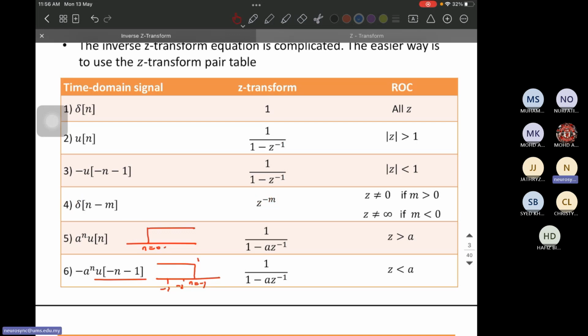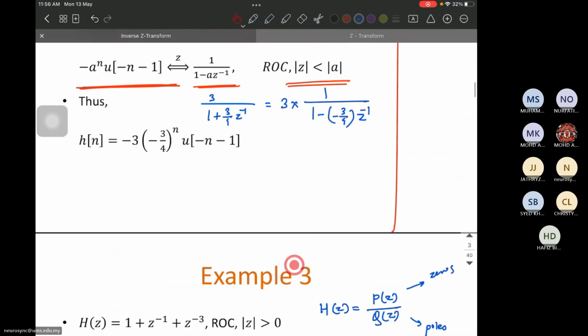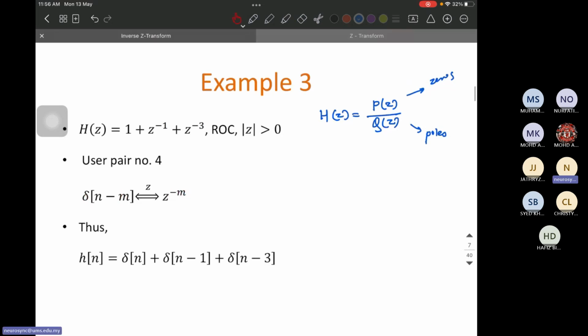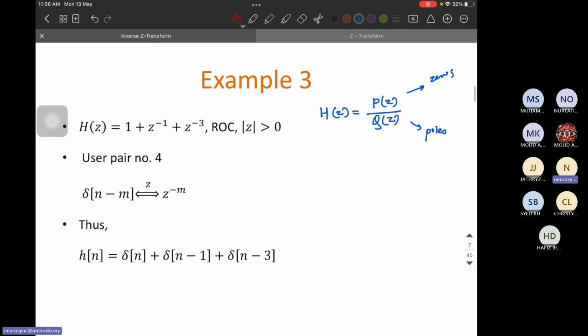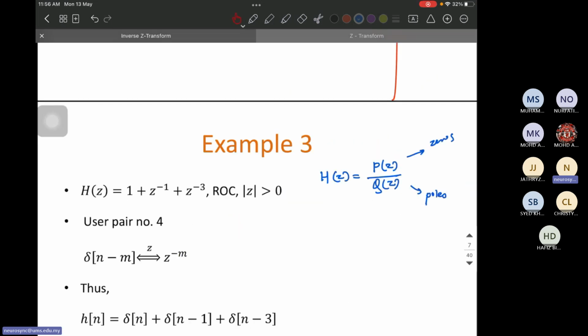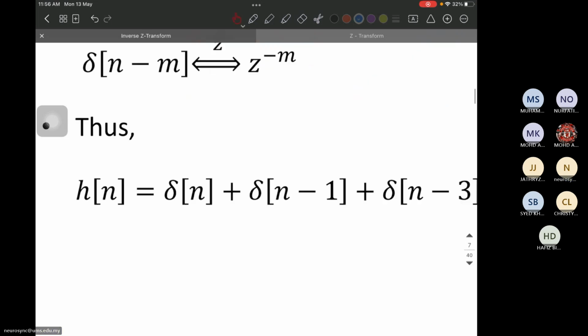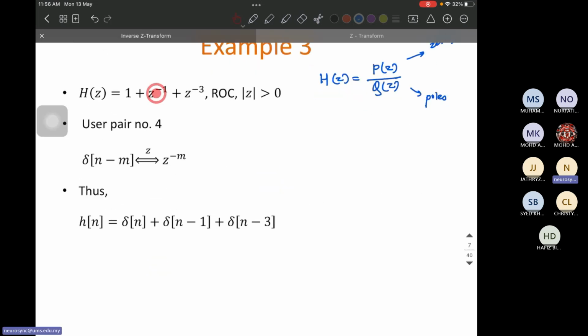So we will use this, and we can say that for z to the power minus 1, here m is equal to 1. Therefore, the inverse Z transform of 1 is delta of n, plus for Z to the power minus 1, we can write delta n minus 1.